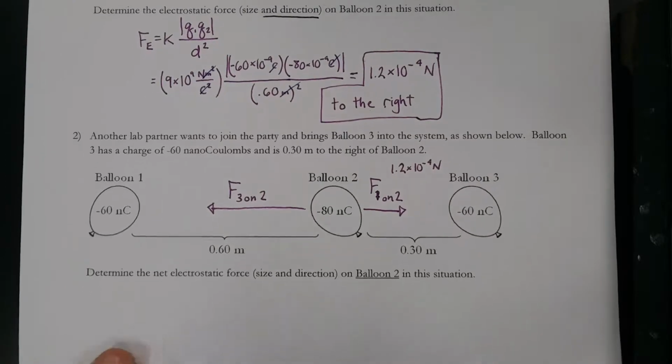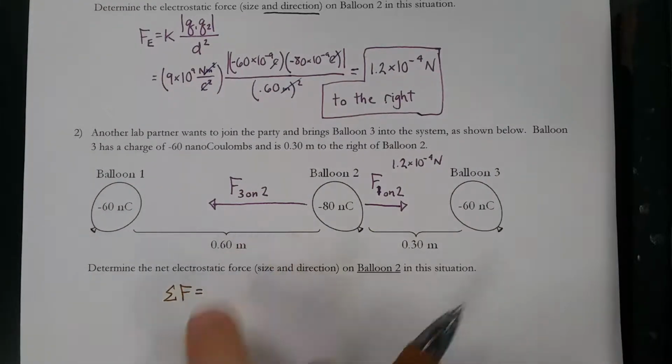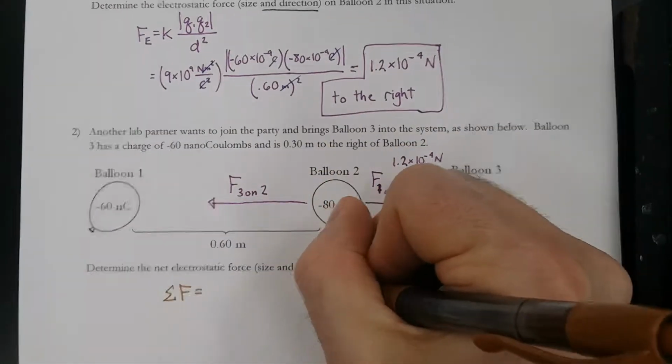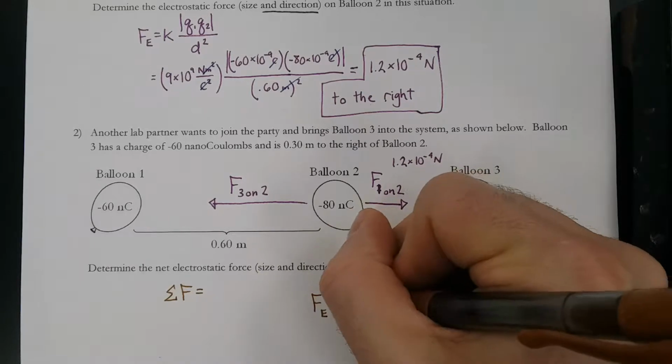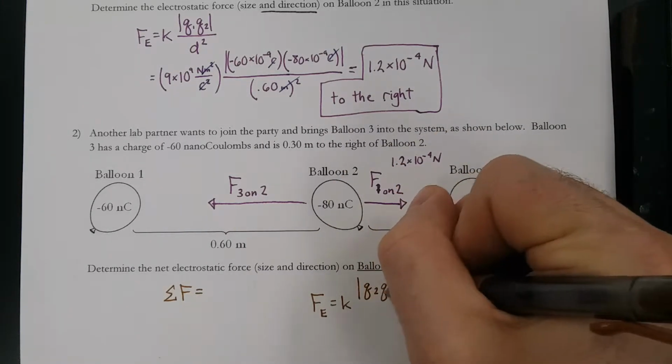So let's do this one. To find the net force, which is the sum of the forces, I need to find all the forces acting on this balloon. So first, I'm going to find out what the force is between balloon 2 and balloon 3.